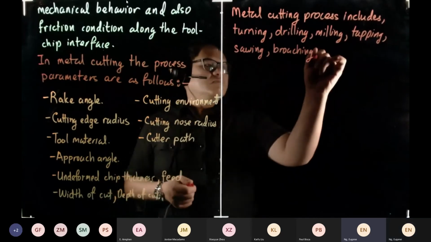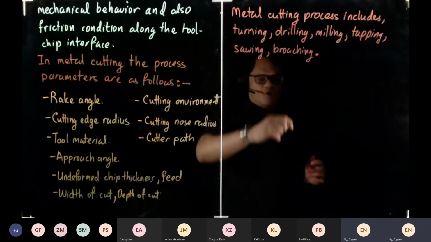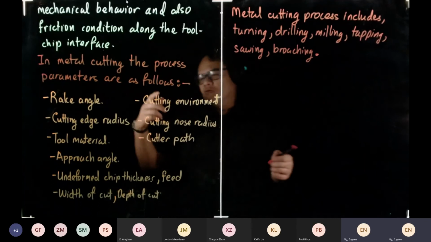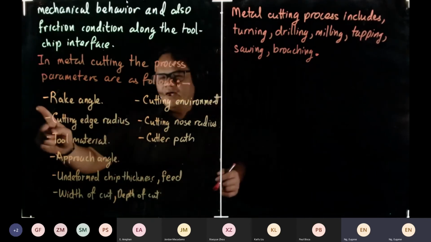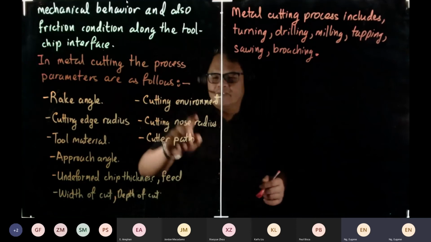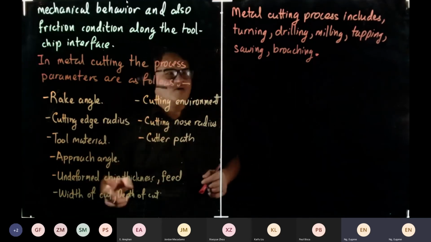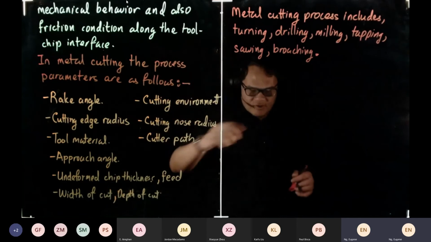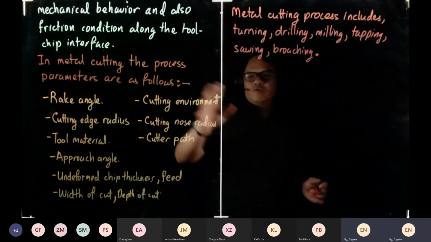All of these, turning, drilling, milling, tapping, sawing, broaching, will always have variables to control: rake angle, cutting edge radius, tool material, nose radius, approach angle. But the most common one is the shear angle, which is not written.